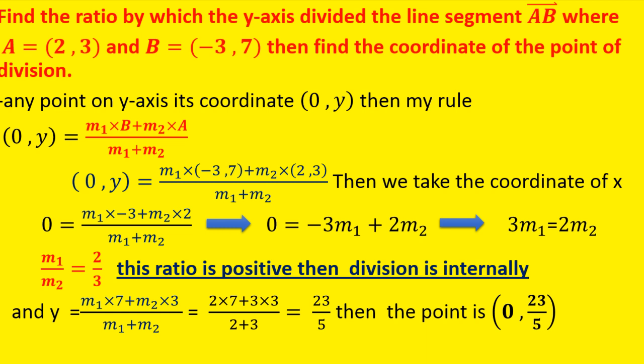But I have now the value of m1 and m2: m1 equals 2 and m2 equals 3. Substitution now in my rule: 2 times 7 plus 3 times 3 over 2 plus 3. So the y, our second coordinate, is 23 over 5. Then the coordinate of the point C is 0 and 23 over 5.